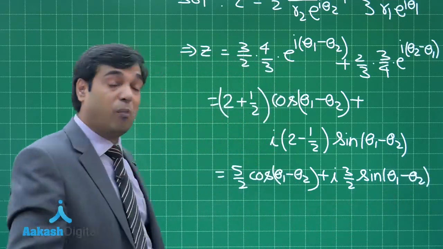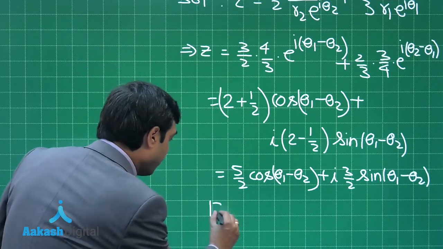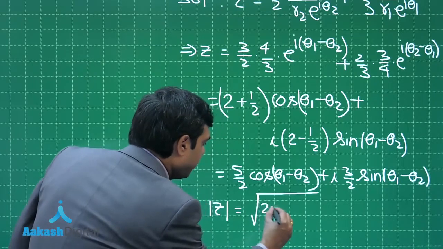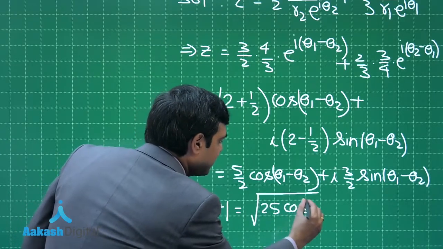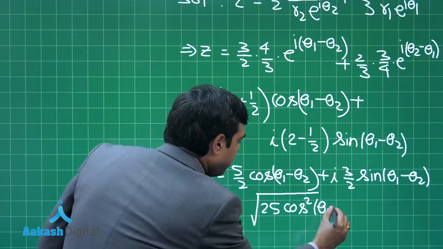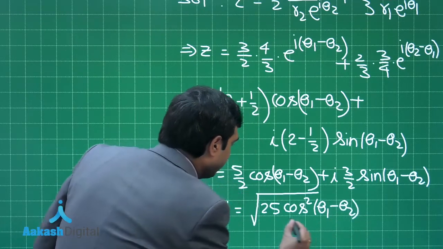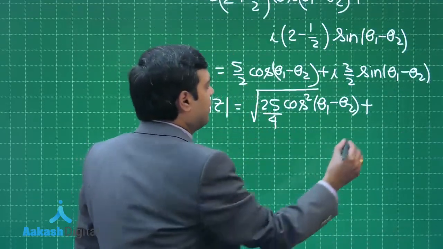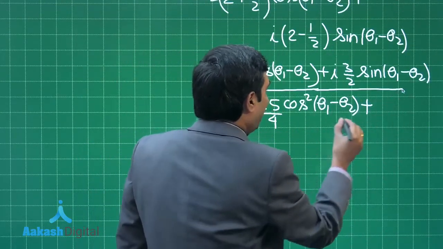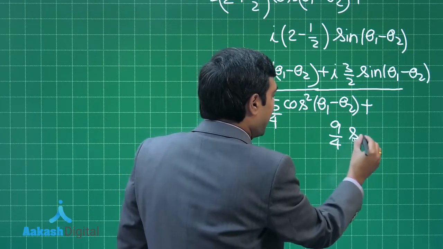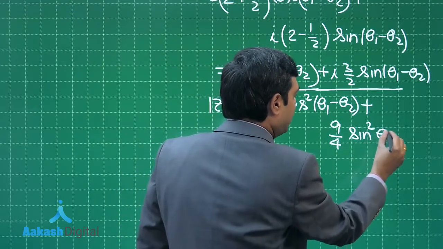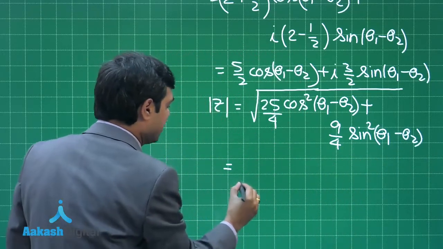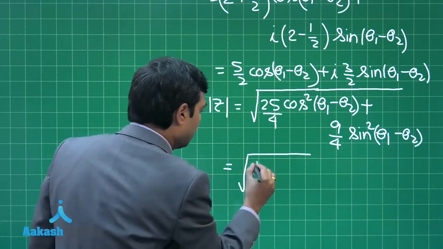Now, what is the modulus of this number? Let us find. Mod z is equal to square root of 25 cos²(θ1 - θ2) divided by 4 plus 9/4 sin²(θ1 - θ2).